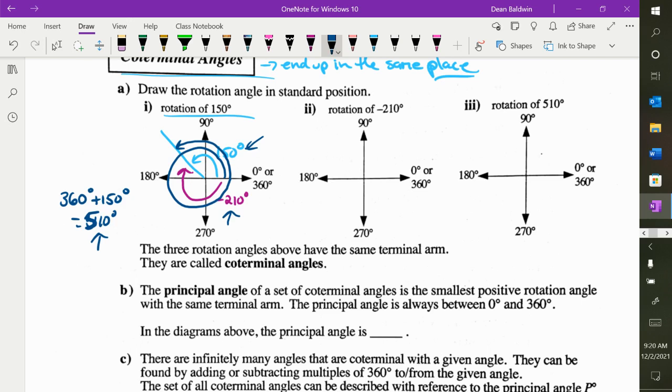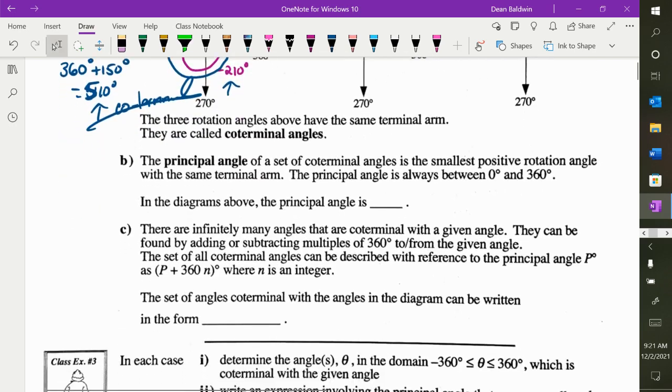You all end up on that little blue line. So these are all coterminal. Is that okay?